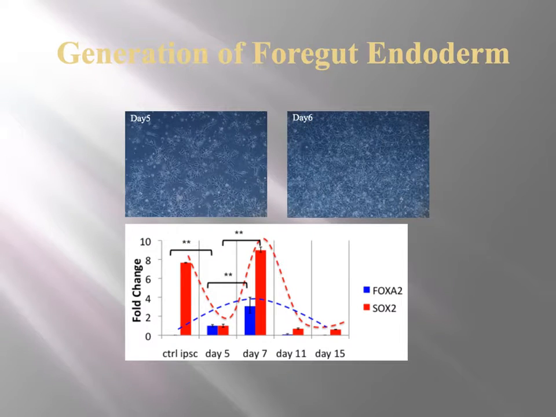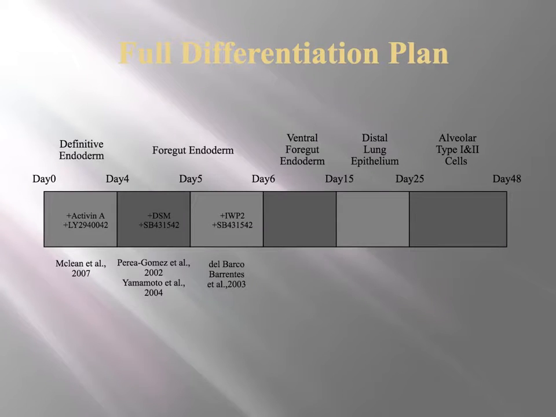After the two inhibition steps, we saw an increase in both SOX2 and FOXA2 from day 5, with a lowering of them at day 11 and day 15, which is expected, as at that point we are ventralizing the cells. So once we'd anteriorized the cells into foregut endoderm, we then needed to work on ventralizing the cells into ventral foregut endoderm.